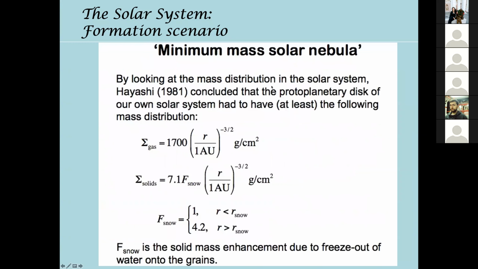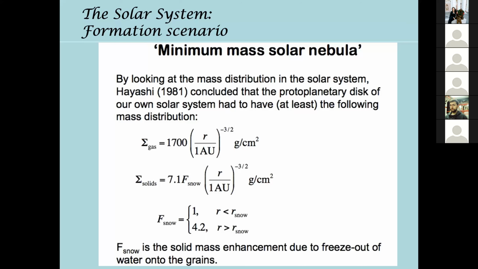Great. So for our solar system, this is the classical scenario, called the solar nebula or minimum mass solar nebula scenario. It was built by Hayashi in 1981. He did something very simple, but simple things last for many years.